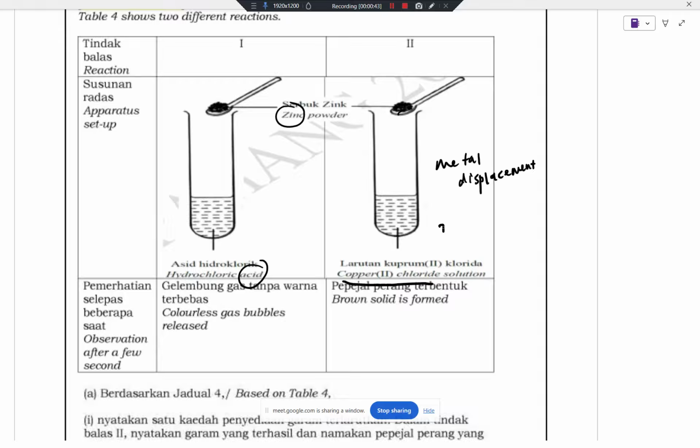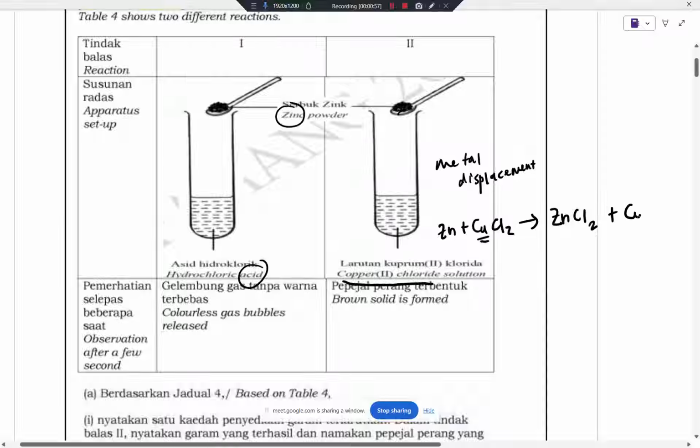So here when you put zinc with copper(II) chloride, copper is weaker than zinc, right? So zinc is more electropositive, so it will couple with chloride, leaving the copper alone. So here the brown solid is the copper.